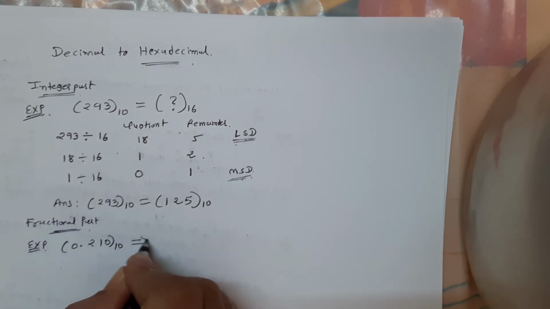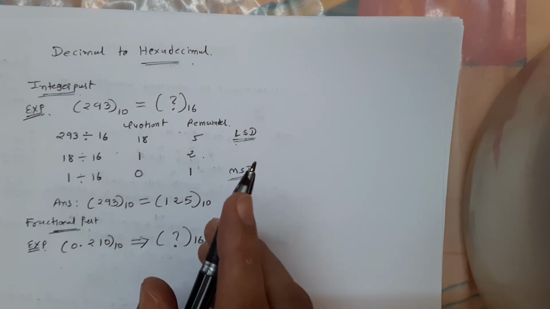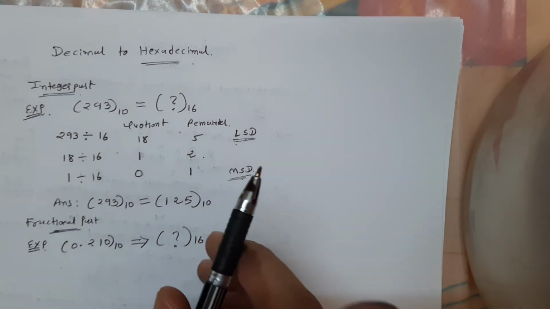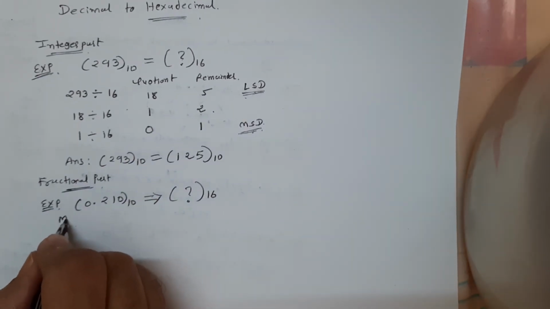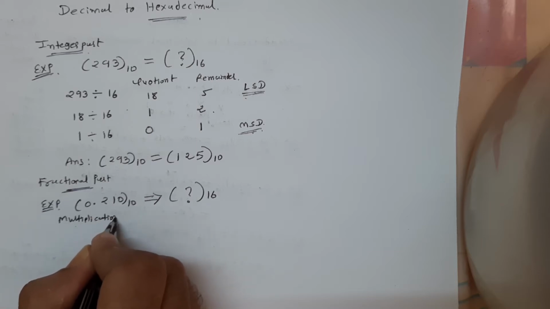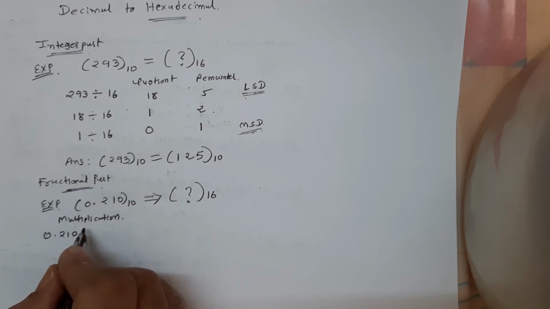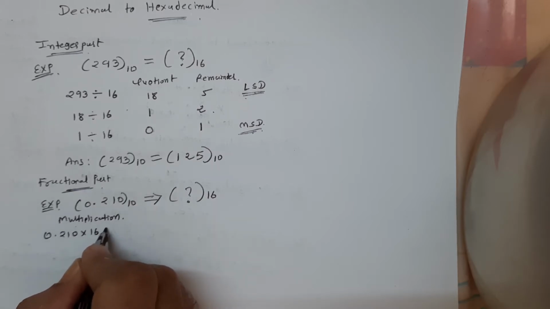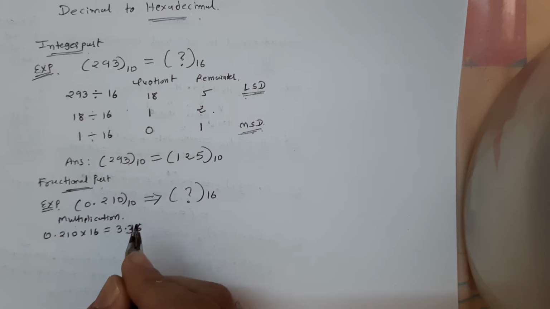How to convert it into hexa, right? So there is a multiplication. So multiplied by 16, 0.210 into 16 is equal to 3.136.